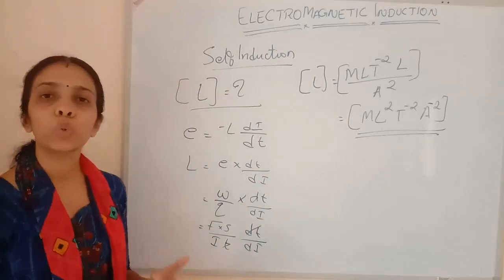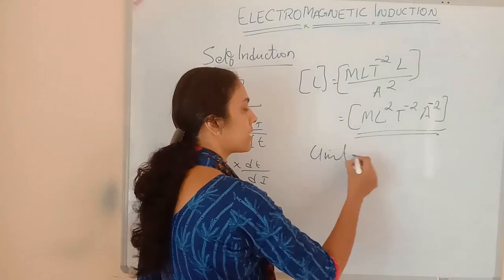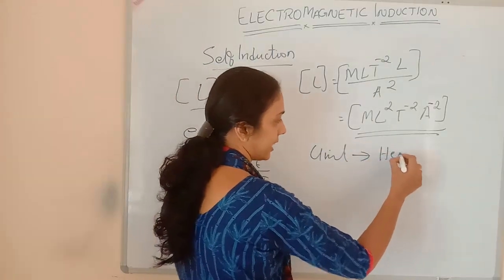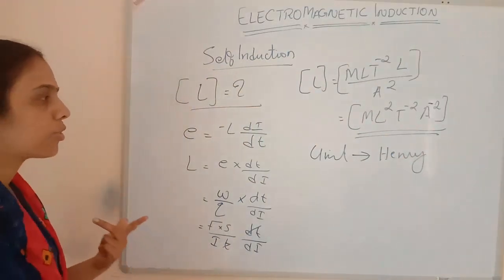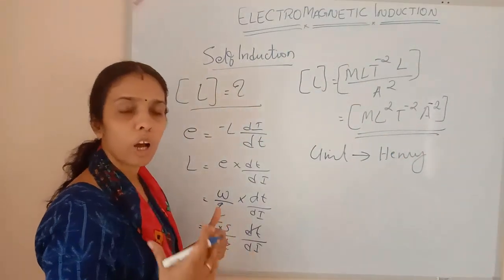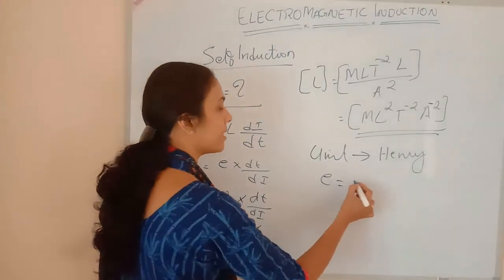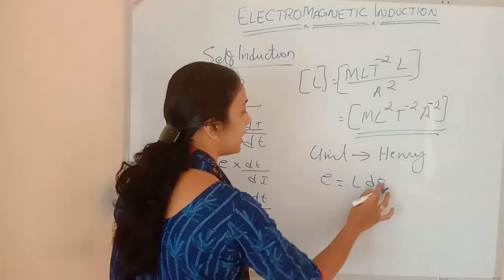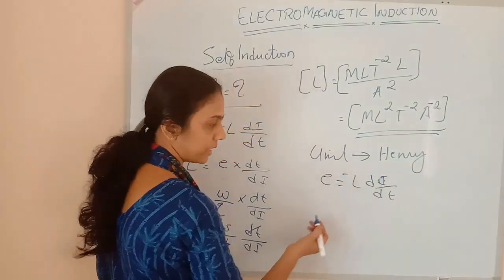What will be the unit of self-inductance? The unit of self-inductance is Henry. How can we define Henry? As in the previous lessons, in the same way we will consider E is equal to minus L into di by dt.